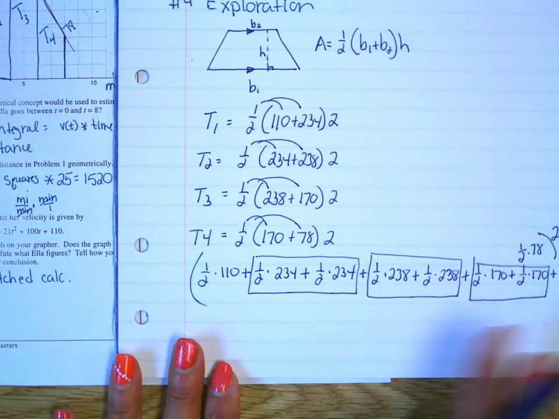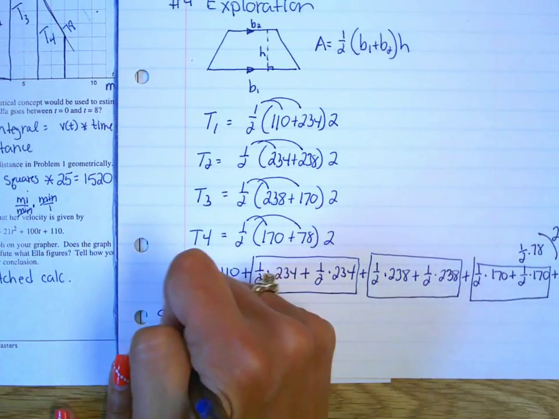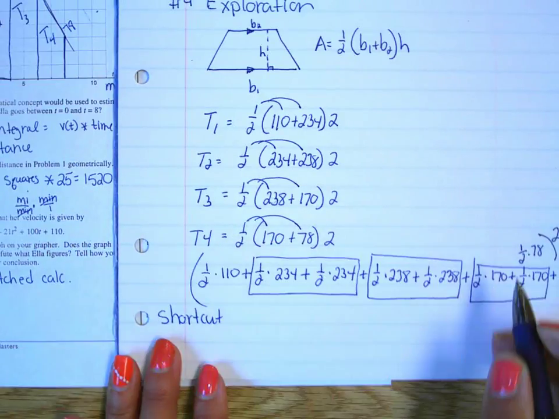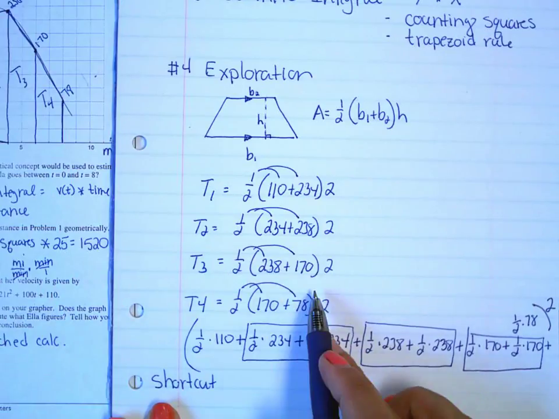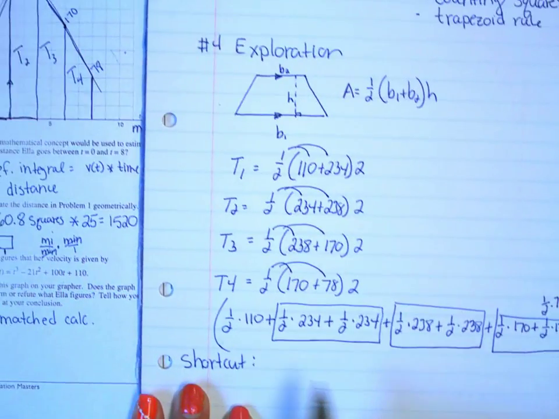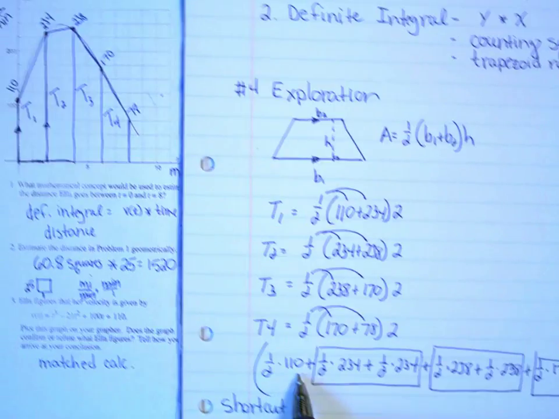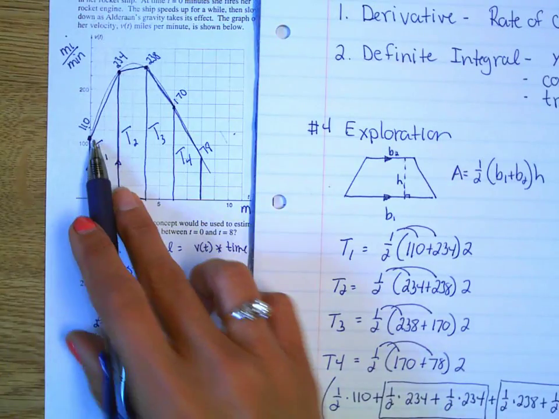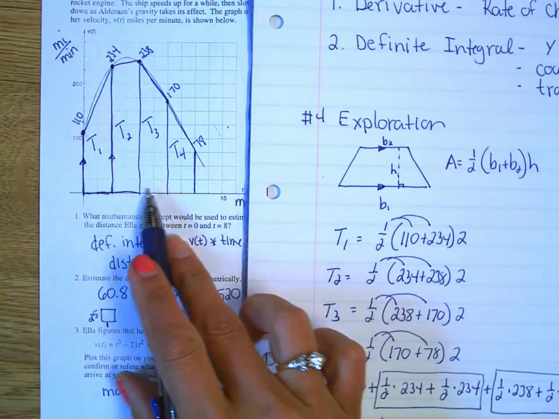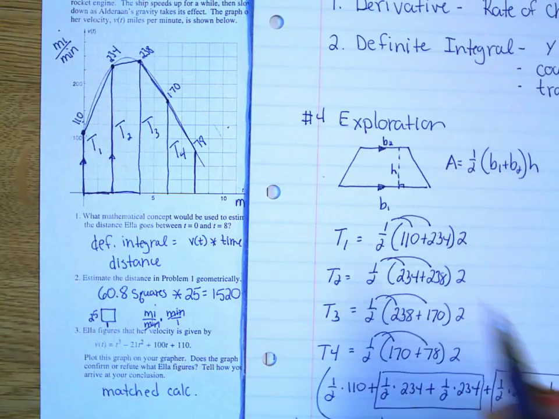So our streamlined version of this, the shortcut, so that we won't have to go through all of this, is going to be: take half of the first y value, add all of the middle y values, however many you have.